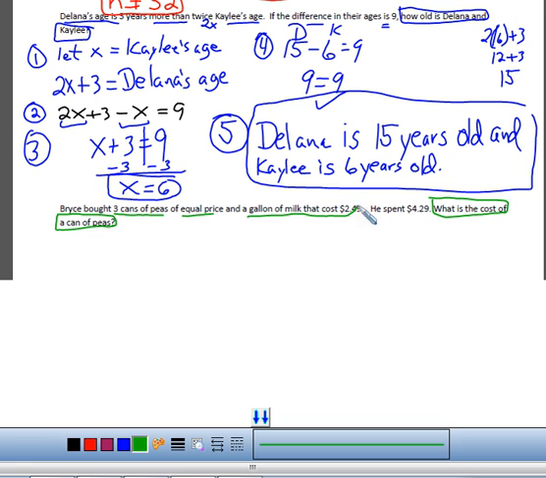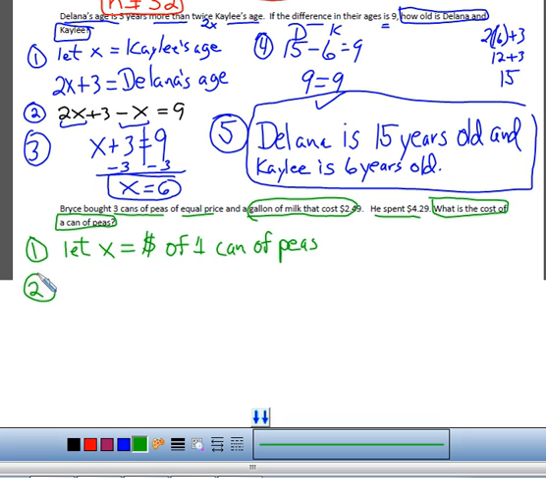Gallon of milk costs this. We also know that he spent $4.29. So what we don't know is the cost of a can of peas. So that's our variable. So there's our let statement. Let x equal the cost of 1 can of peas.